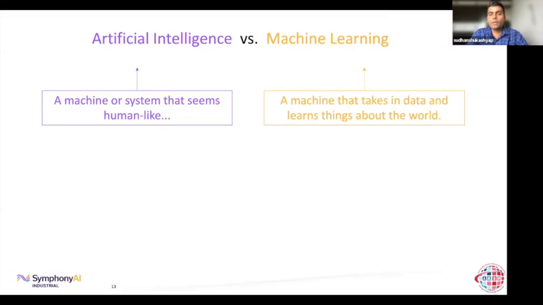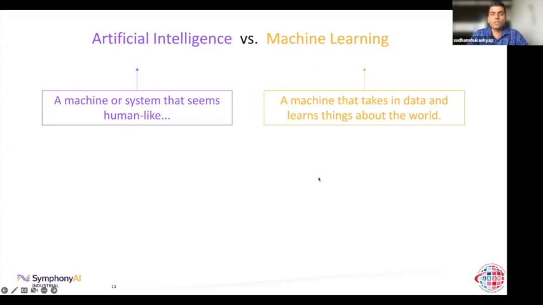And now when we talk about machine learning, as the definition goes, it is a machine that takes in data and learns things about the world. So basically a machine which learns from the data. In all this terminology, machine learning are basically computer algorithms which take data and learn about it.